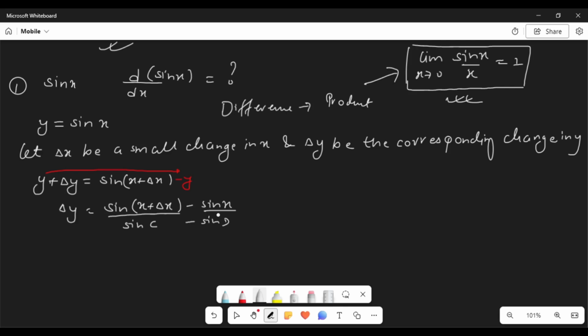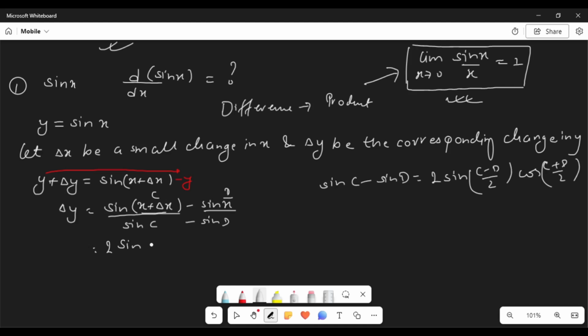If you can remember correctly, the formulas from trigonometry class 10, you'll know sin c minus sin d is equal to 2 sin c minus d by 2 cos c plus d by 2. So it will be 2 sin, c minus d, where these are c, these are d.